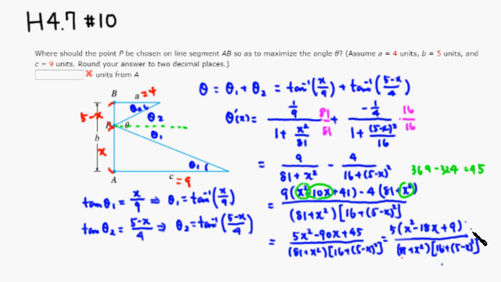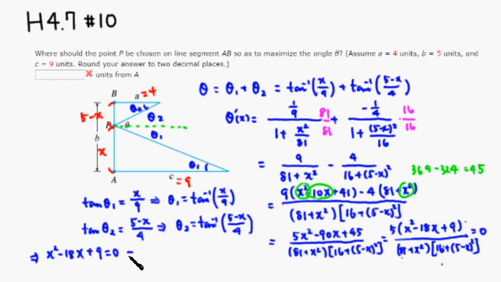If you set that equal to 0, we need to solve this quadratic equation. So we have x squared minus 18x plus 9 equal to 0.